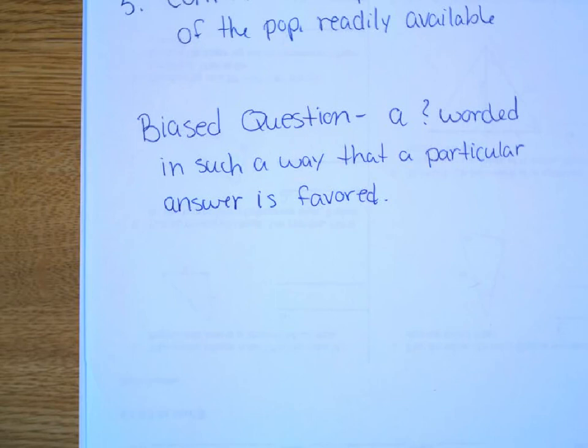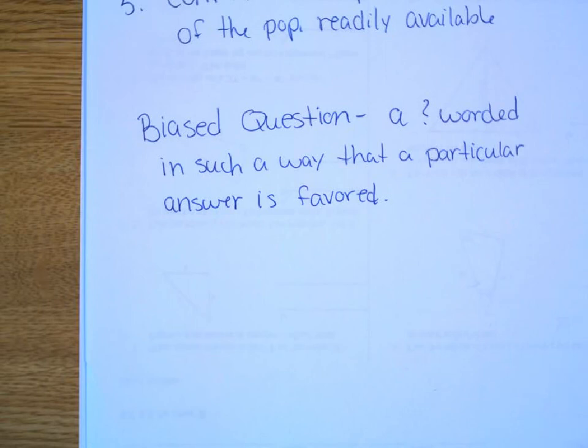Or I could say it, do you agree with President Obama's idea to give free community college that's going to cost the taxpayers lots and lots of dollars? See how I put 2 different spins on that same question? One, I made it look like everybody's going to get educated and be better off. The other, it's going to cost taxpayers lots and lots of money. So I worded that two ways, one to favor it and one to be against it.